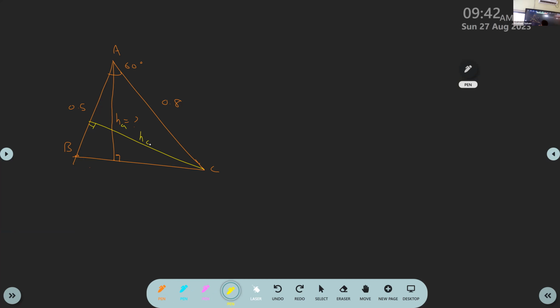HC will be half of 0.8, so HC is equal to 0.4. Therefore I know the area of my triangle.